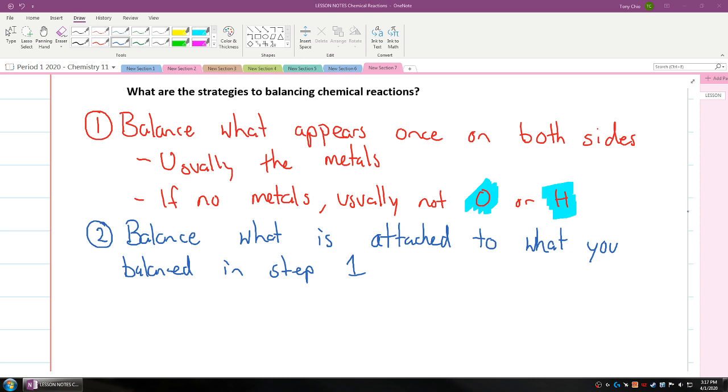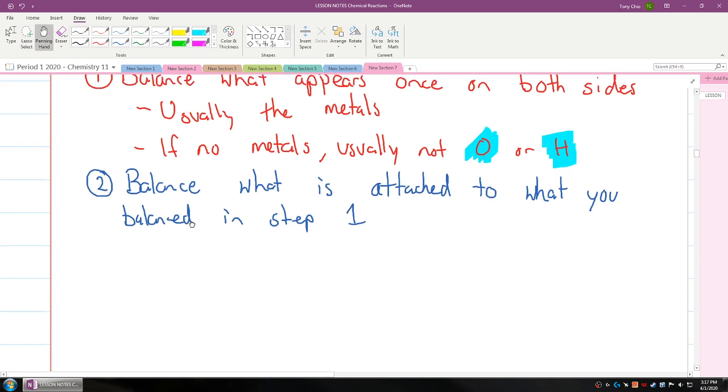So this could be, for example, if you have NaCl, you balance the Na in the first case, so sodium in the first step, and now you're going to balance Cl in the second step.